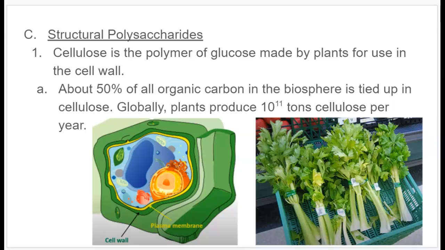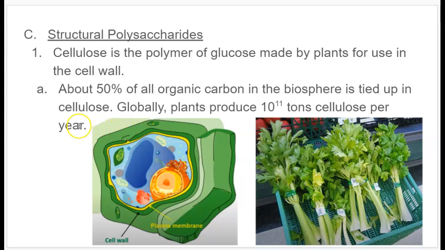Structural polysaccharides. Remember, there's storage and structural. Going back to structural, this is just an example of what I was talking about when I said that cellulose is a big part of structure for plant cells. Remember, plants do not have internal skeletons like we do to grow up against the force of gravity, so they're very dependent on that cell wall as well as that large internal vacuole.